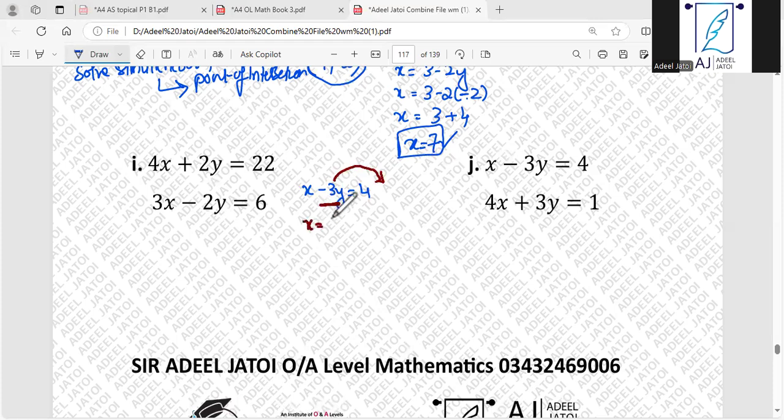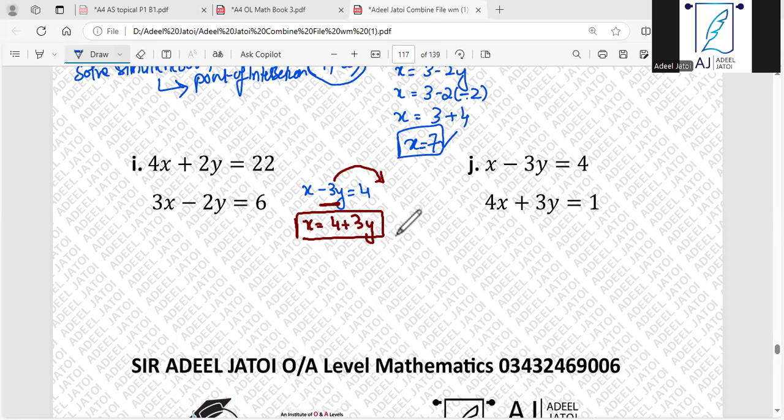This will be x equal to 4 plus 3y. So now x is the subject from the first equation. So we can simultaneously solve it, substituting in the second equation. Since I need to substitute this, we write down the second equation to get the answer.